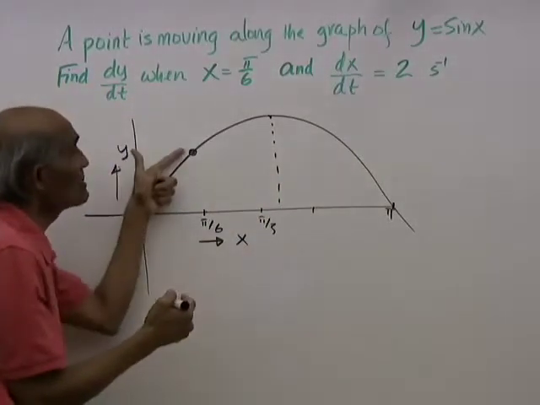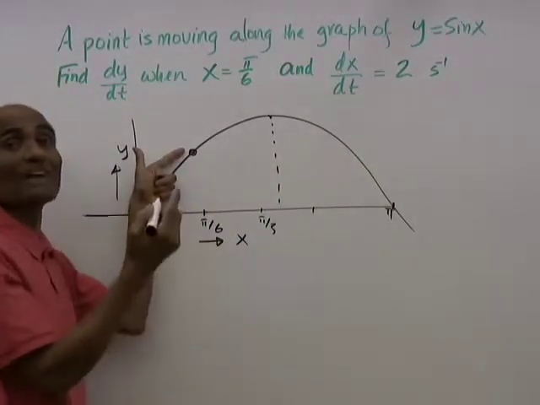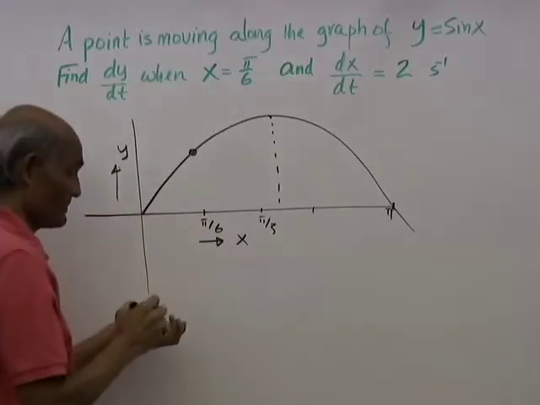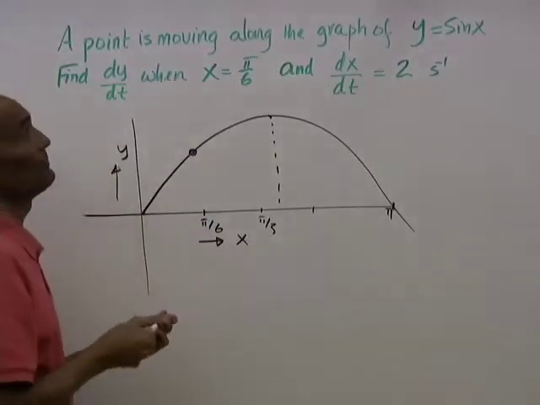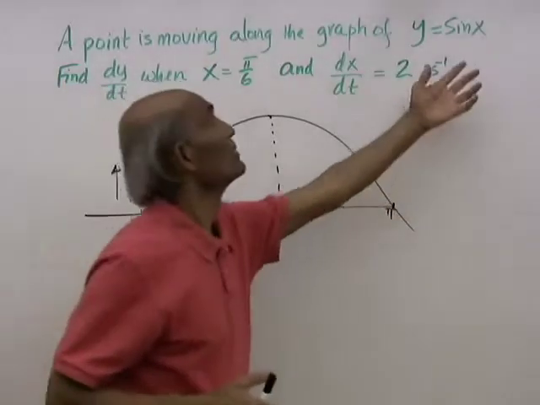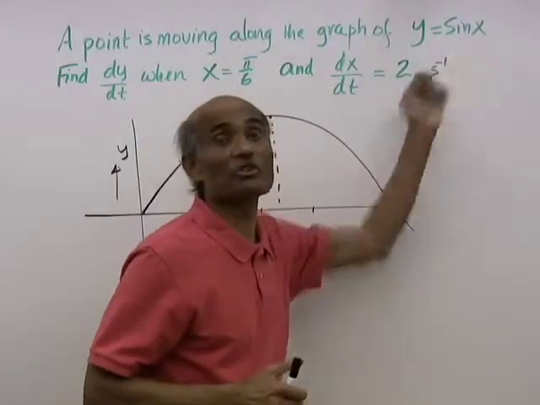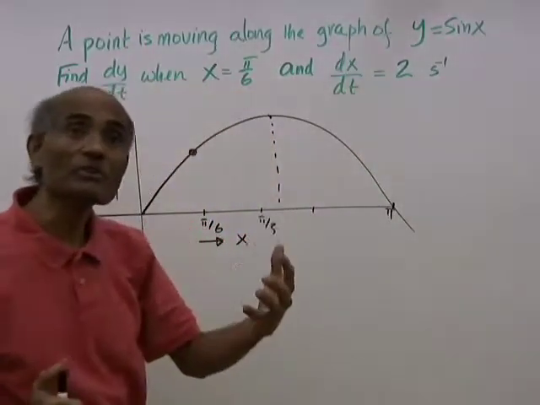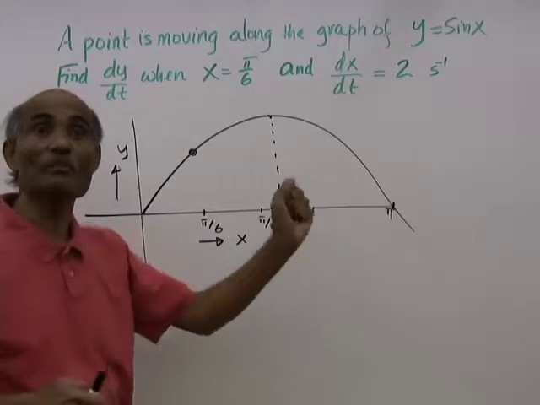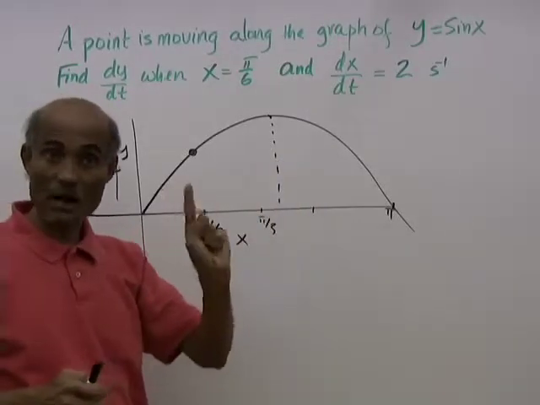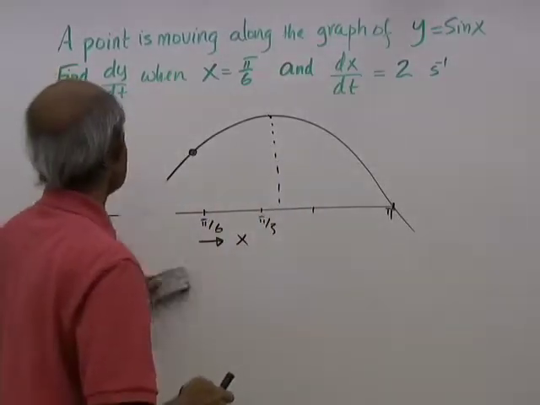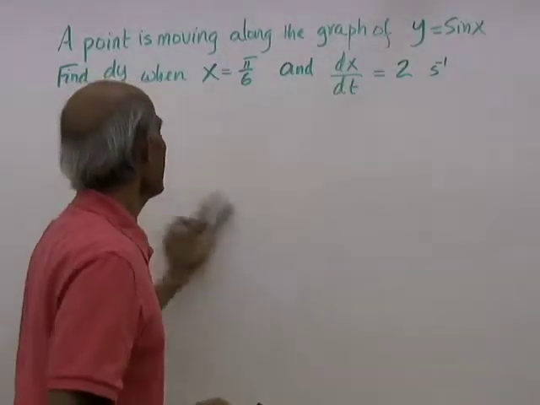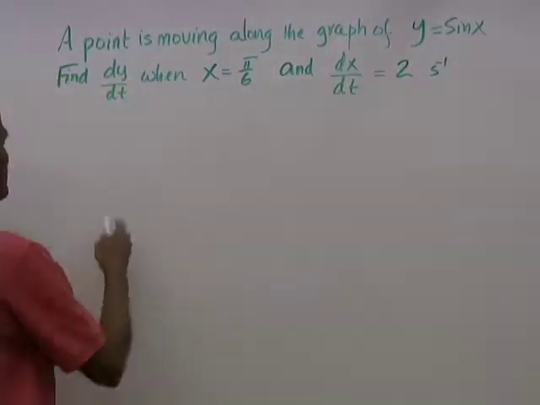We need to find the rate at which y changes at that point. Well, the usual thing, we write down the function and find the derivative of each term with respect to time. Alright, let's do that. We have y equal to sine x.